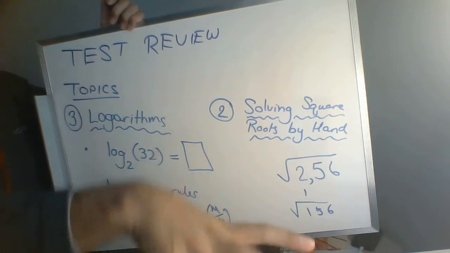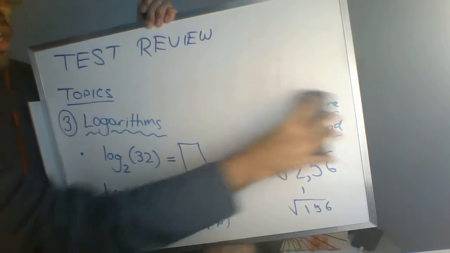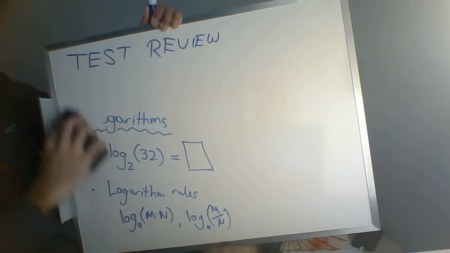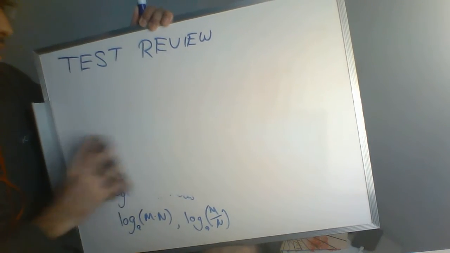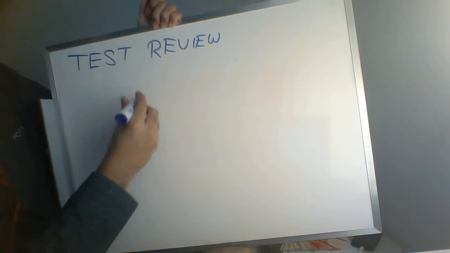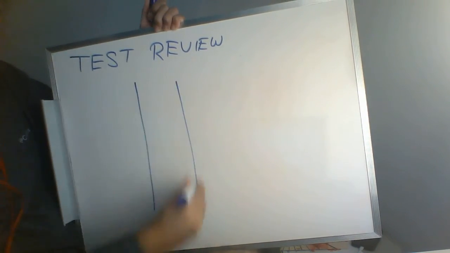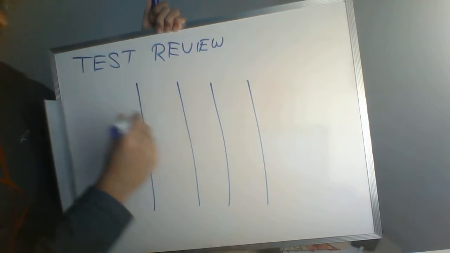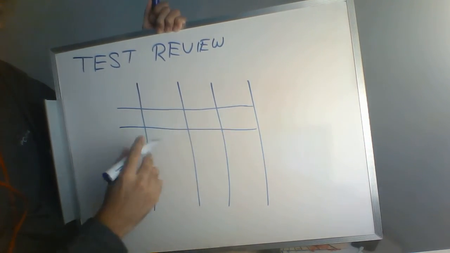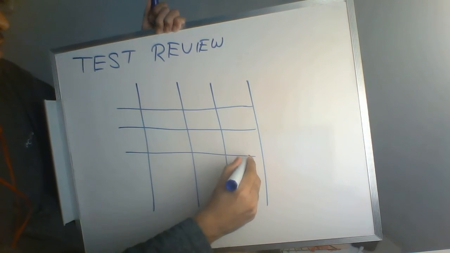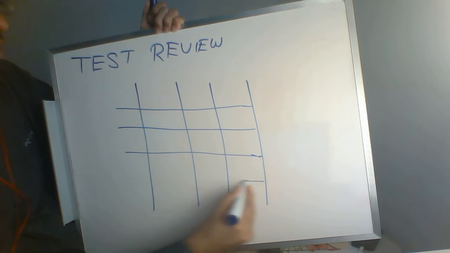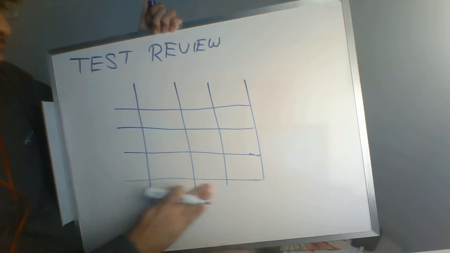If you want to see the things that you should be able to do in a slightly different setup, if you remember back when we started logarithms, I drew a little table of the things you know in a given question, and the things that you are expected to find when you're working through the question.